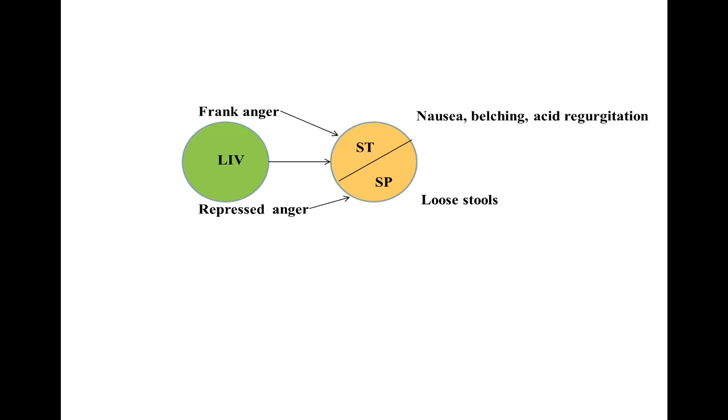In stomach qi rebelling upwards, the stomach qi is really out of control and rebels, literally rebels upwards. And I'm using the word rebel as a direct translation of the Chinese word ni. In Chinese, this word would be ni, which literally means to rebel, to go against. So stomach qi really is out of control, rebels upwards, and you get nausea, belching, acid regurgitation, vomiting.